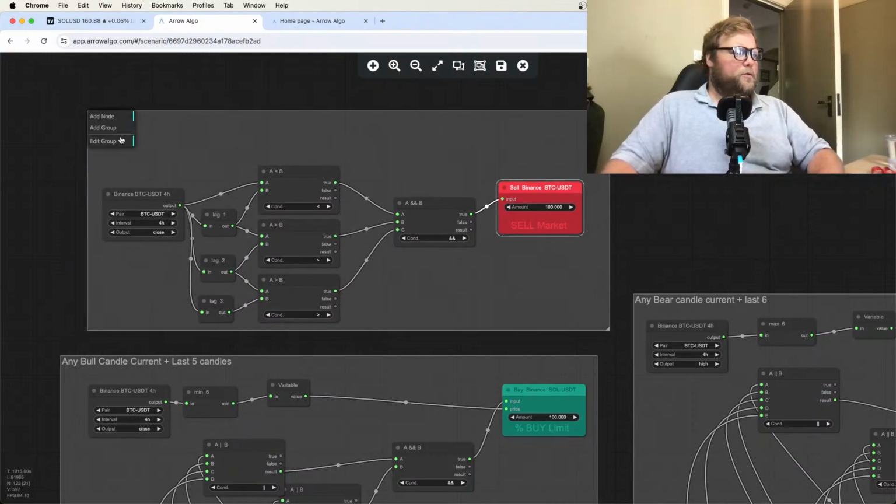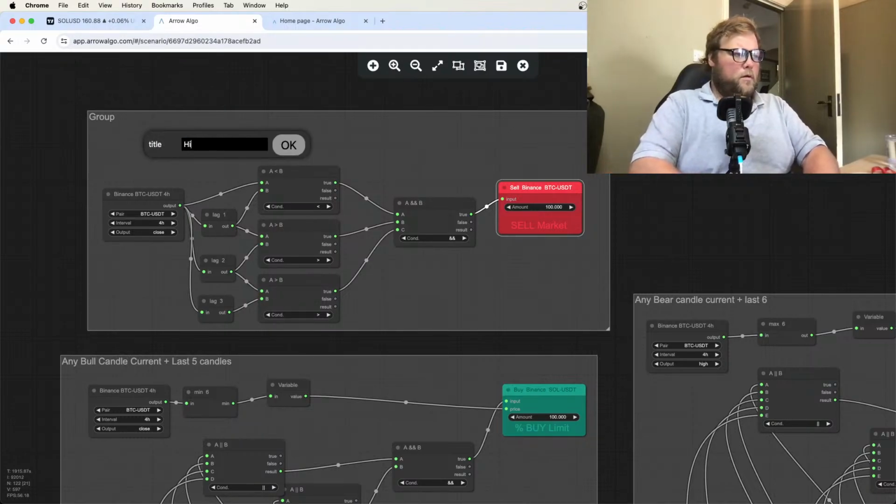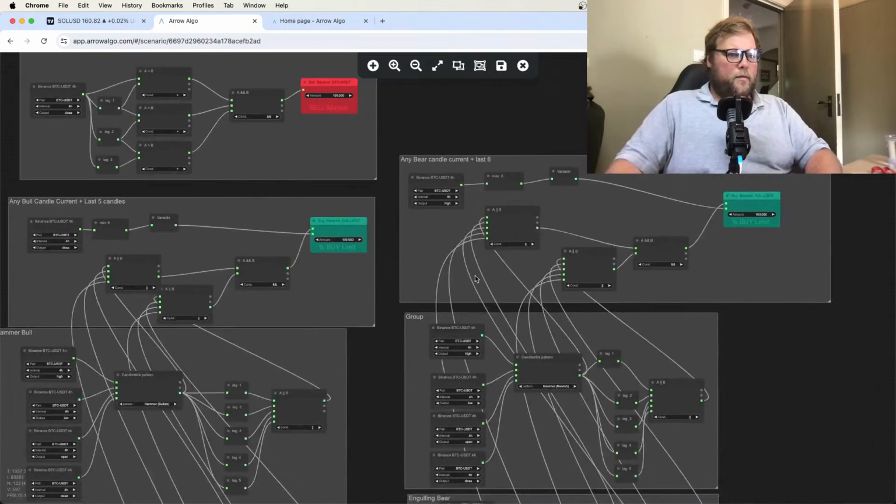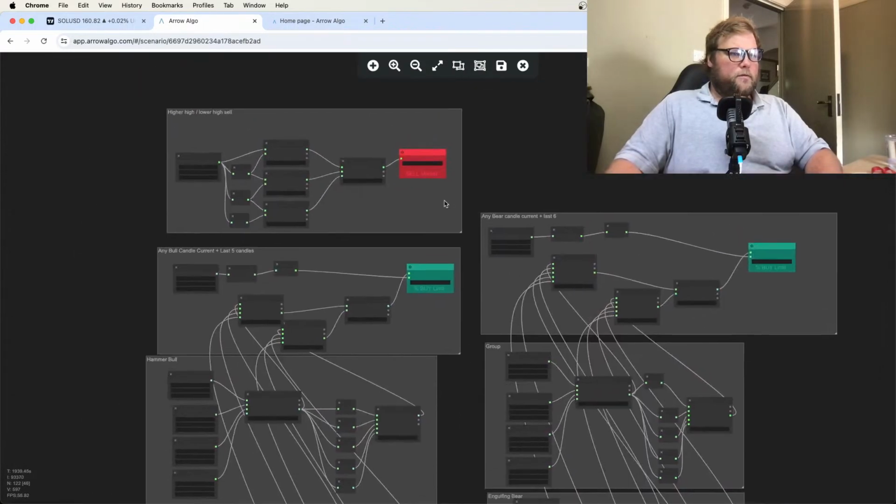And we're going to name this group higher high to lower high sell. Okay, there we have the first version.